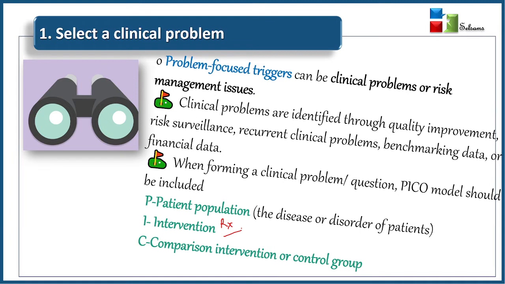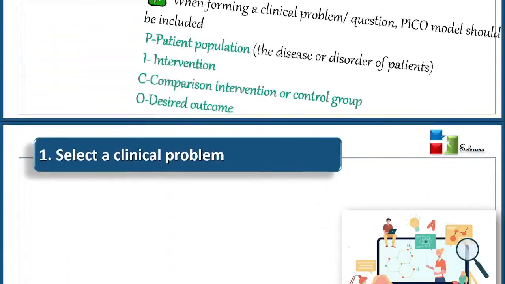And later, you compare it with the group, the experimental group which you have given the treatment, and the control group means you just observe the patient. Okay, and you're going to compare both the groups. Finally, you will get a solution of what the desired outcome is, whether it was right or wrong, then you can judge it.